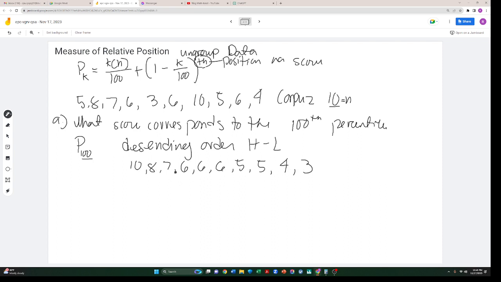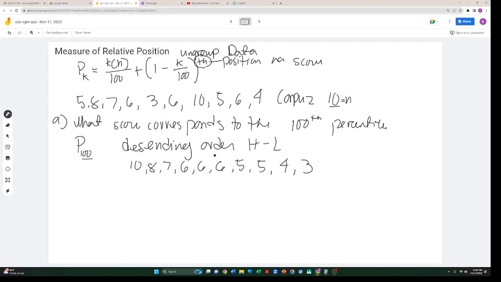Right. So we all know that the middle, or P50, or D5, decile 5, or percentile 50, and quartile 2, is 6.